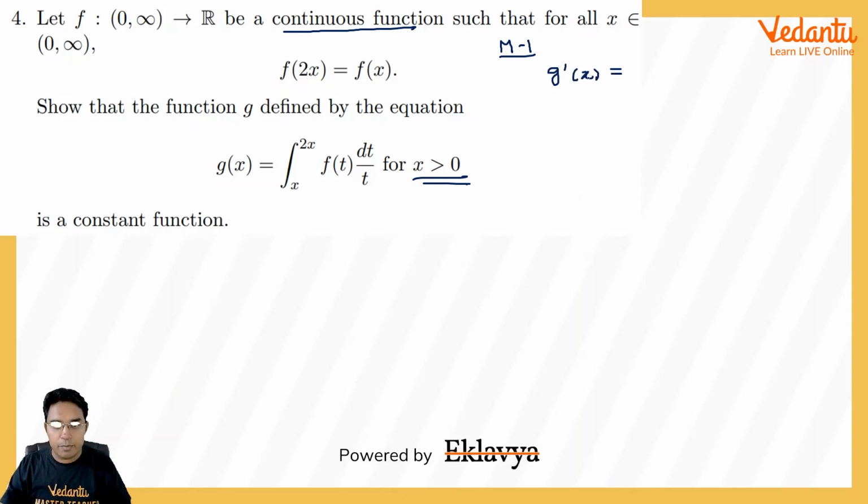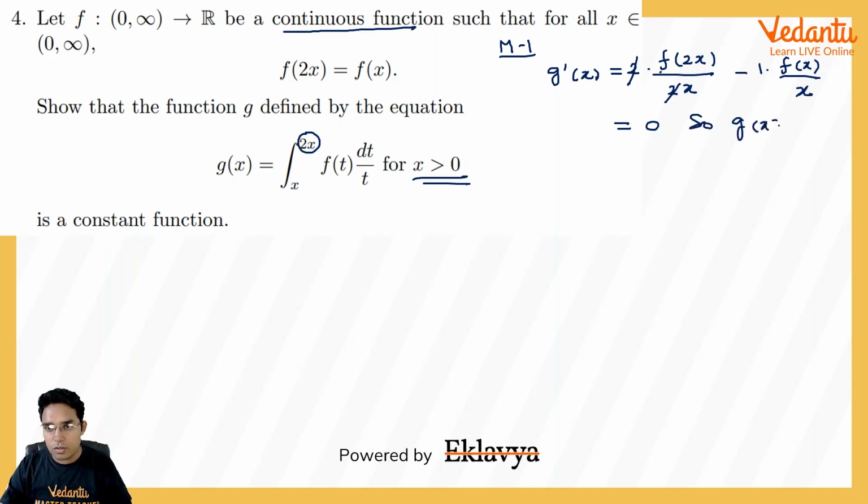So g dash x will be the differentiation of the upper limit first, that is 2, then putting 2x in place of t, so f of 2x upon 2x, minus the differentiation of the lower limit, that is 1, then putting x in place of t, so it will be f(x) upon x. Now this 2 will cancel this 2, f of 2x is equal to f(x), hence this is equal to 0, so g dash is 0 and g(x) is a constant function. Very easy method, isn't it?